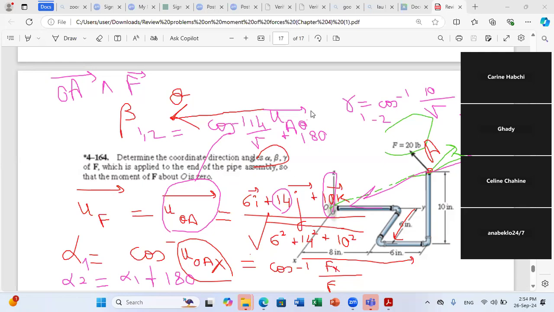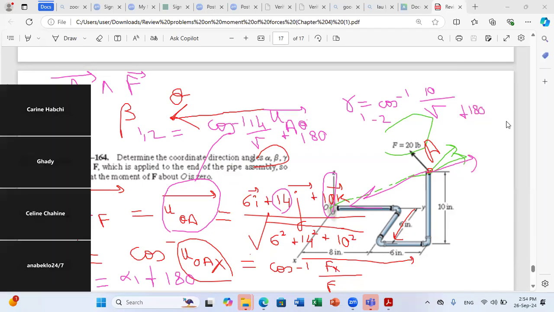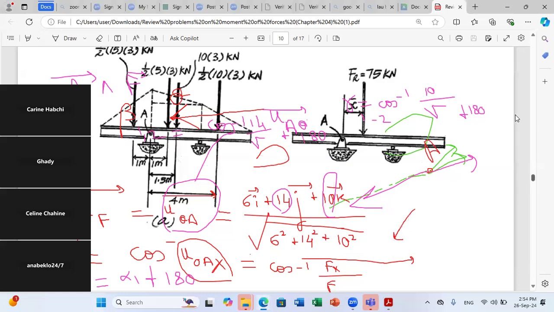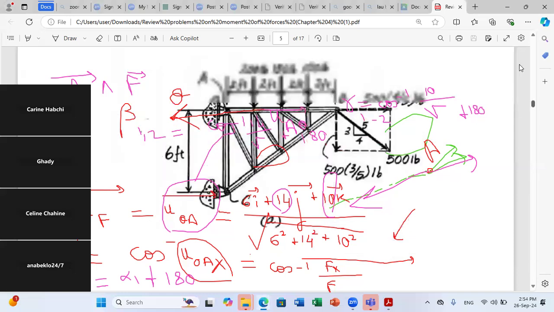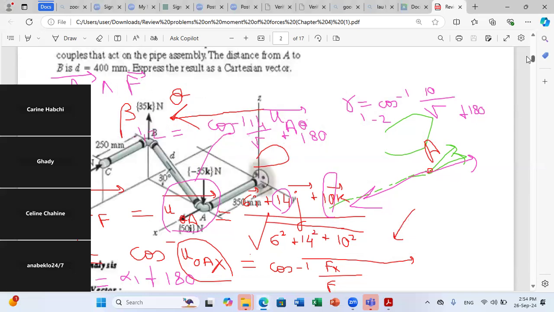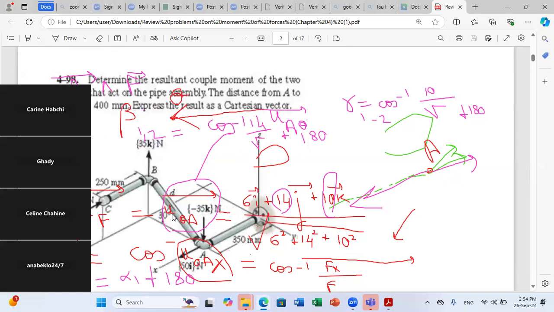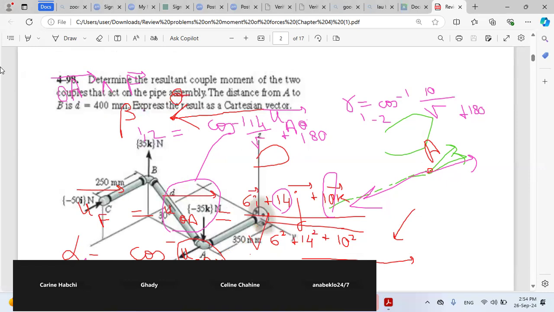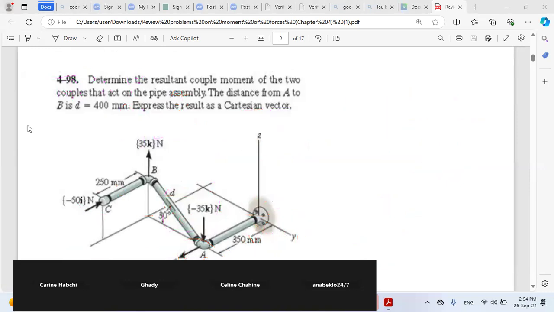The previous one. They asked us for the resultant couple moment of the two couples. No, they mean you have two couples here. One created by these two forces. You have these two forces together creating one couple, one moment vector, M1.